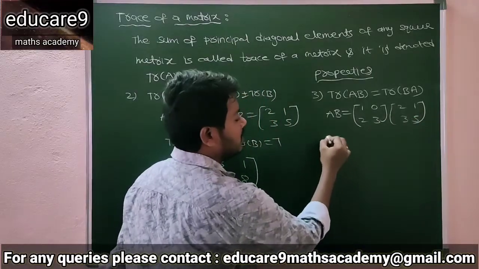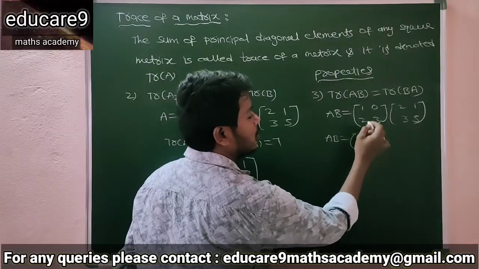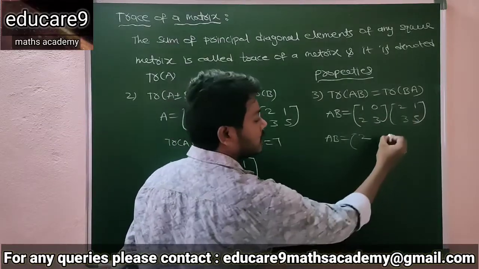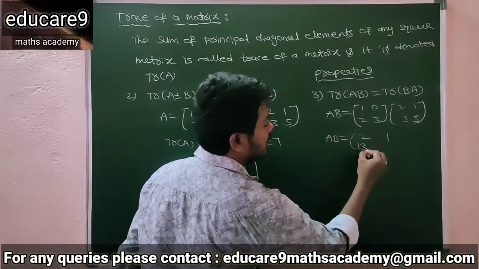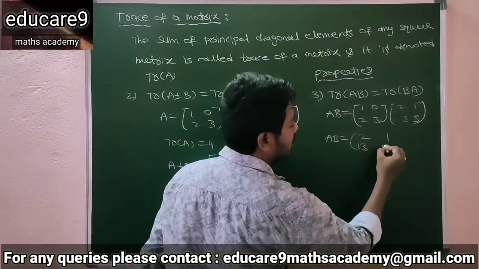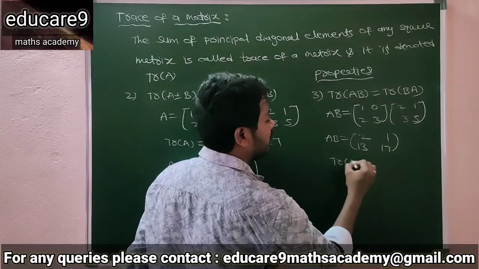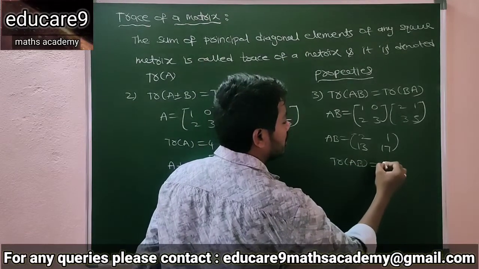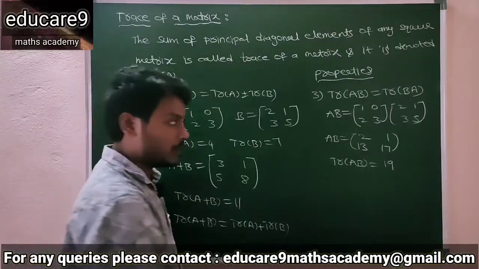So clearly AB is equal to 2 plus 0, that is 2, and 1 plus 0, that is 1. Next, 4 plus 9, that is 13. Next, 2 plus 15, that is 17. So clearly trace of AB is 19.